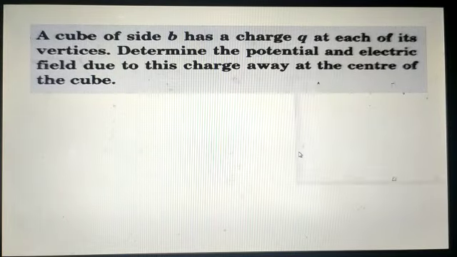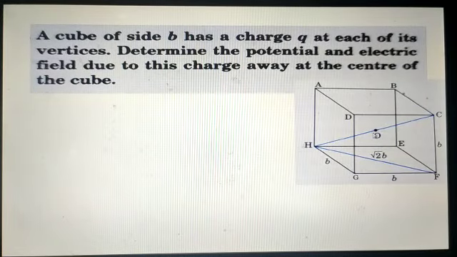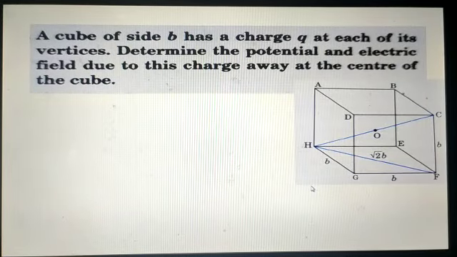A cube of side b is given, and a charge of small q is present at each of the vertices. You have to determine the potential and electric field due to these charges at the center of the cube. Now from all the corners where the charge q is placed, this center is equidistant.